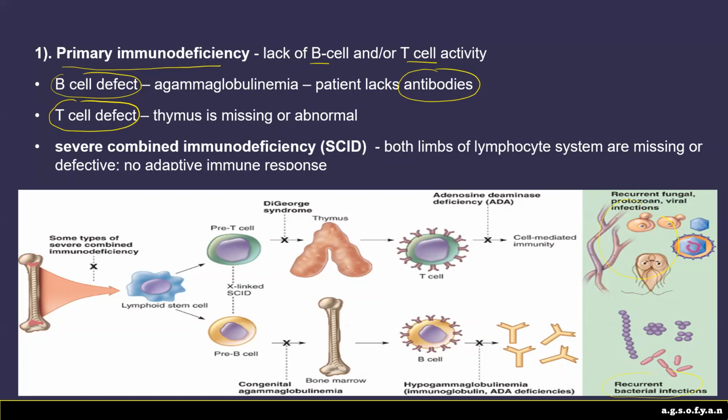So these are some people that have primary immunodeficiency. This baby is born with this condition. Okay, this is very severe if both B cell and T cell are not available or lost. That disease is called severe combined immunodeficiency, or SCID.